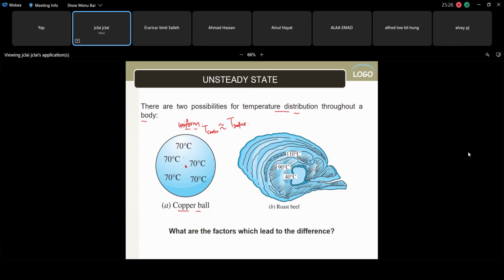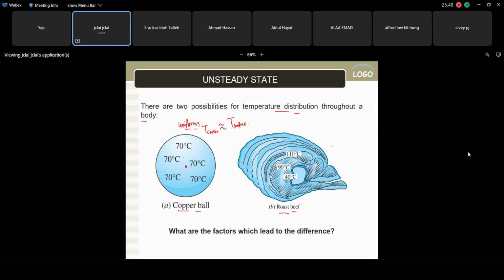But let's consider another case, a roast beef. You put a piece of beef inside an oven to roast it.